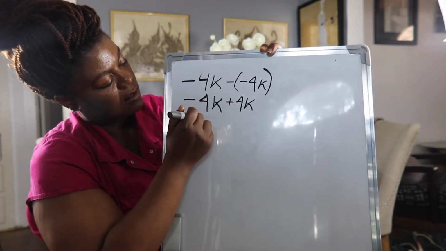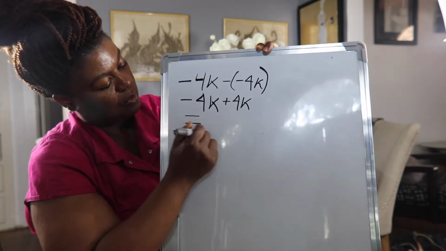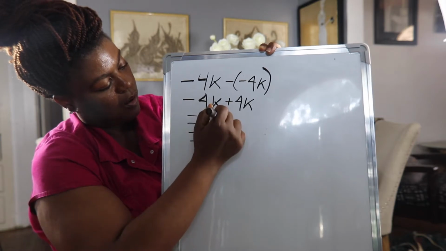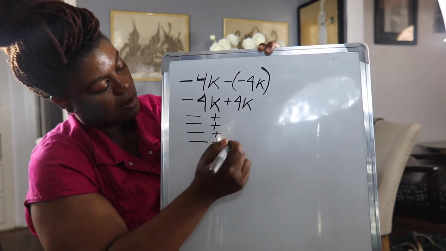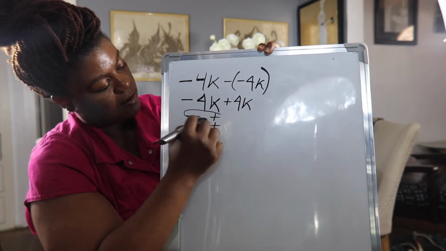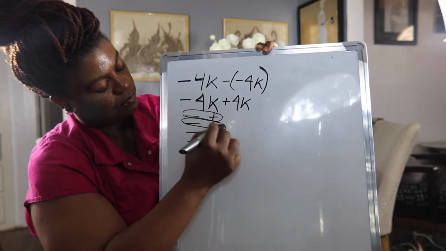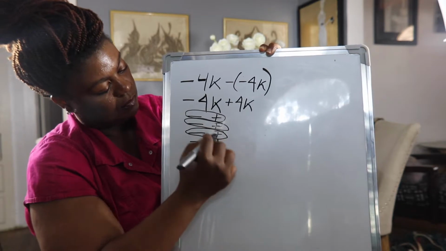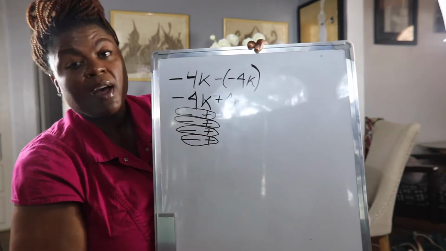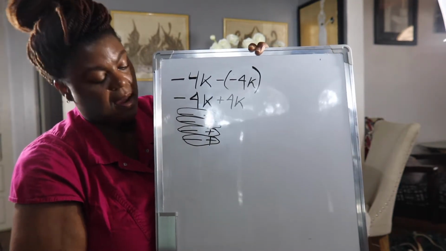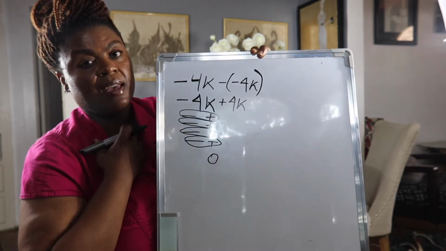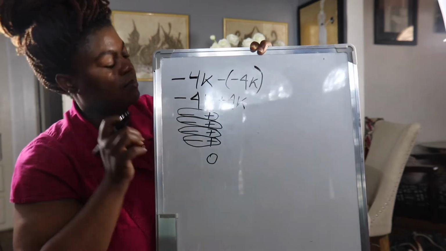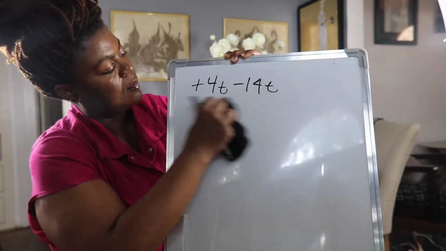So let's look. 1, 2, 3, 4. 1, 2, 3, 4. Let's make our 0 pairs. We don't have anything left, so our answer is 0. We don't have any k's left. Okay, let's look at another.